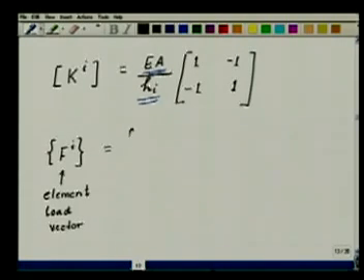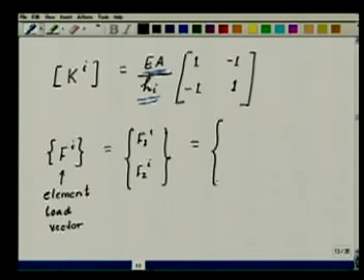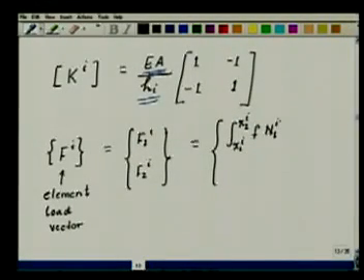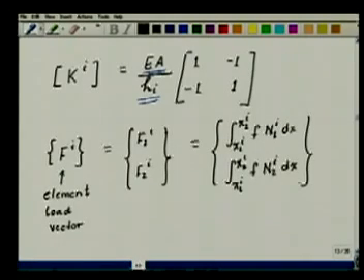This will be equal to F1 of i, F2 of i, and this will be equal to the integral from x1 of i to x2 of i of f n1i dx, and here also the integral over these limits of f n2 of i dx. Let us take the case that f(x) is a constant. As an example, let us say it is equal to f0.